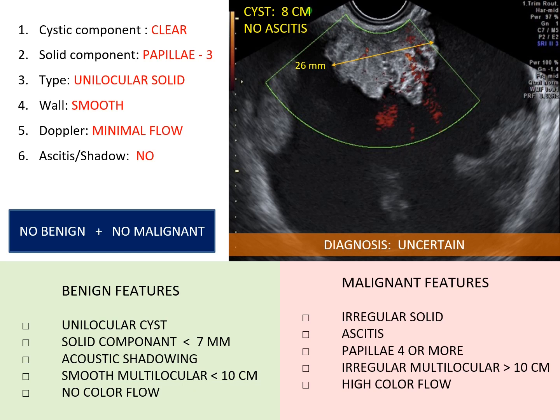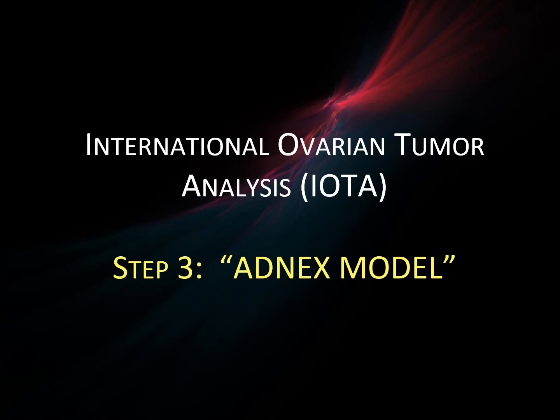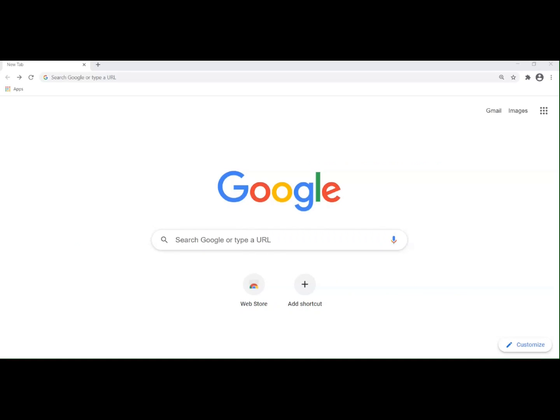And whenever the diagnosis is uncertain, even after using the simple rules in step 2, you go to the third step, that is the ADNEX model. Now the ADNEX model is very simple. It's an online calculator which is available free for use for everybody. So I'm going to give you a demonstration of the online system.